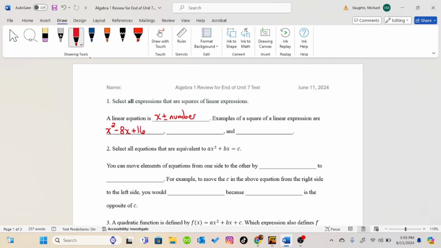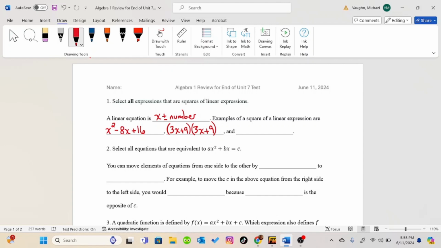Another example might be the factored form, and you might see something like 3x plus 9 times 3x plus 9. Here we have two linear terms being squared because they're actually the same linear term.